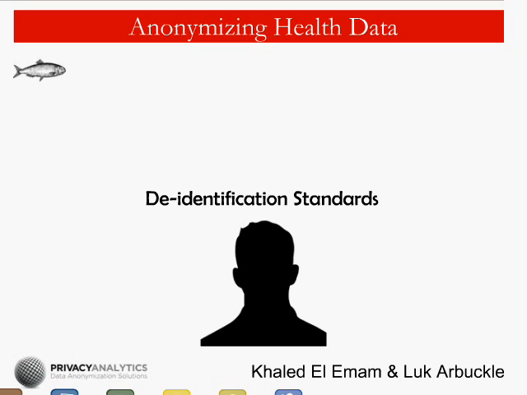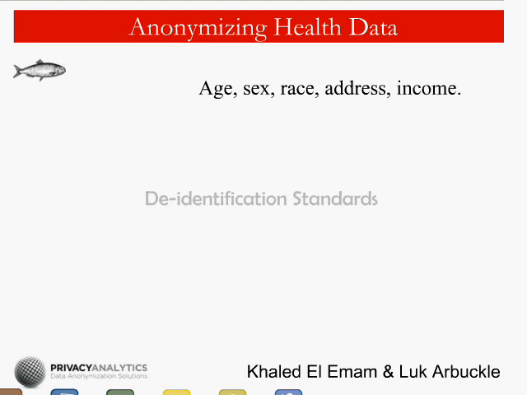So there are other cases where you will want to do analysis on the data. And the important types of fields there are things like age, sex, race, postal code, zip code, income information, so any kind of demographic information, socioeconomic status information, location information, all kinds of dates.